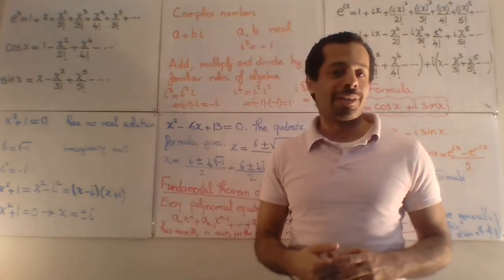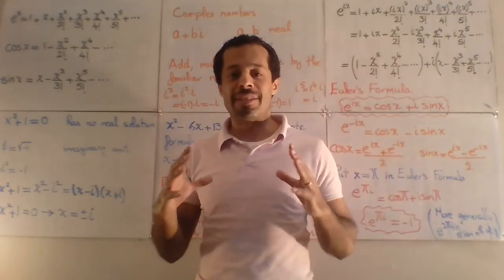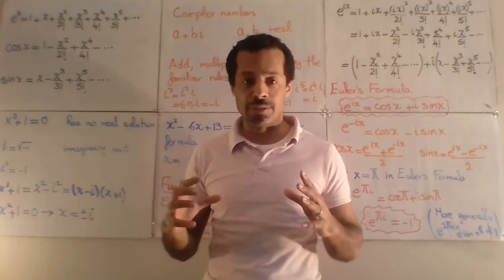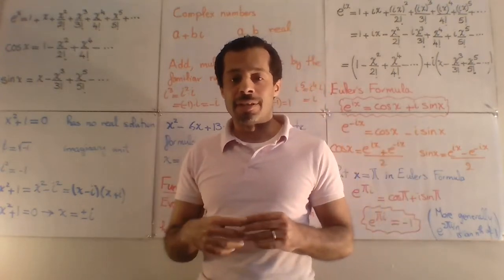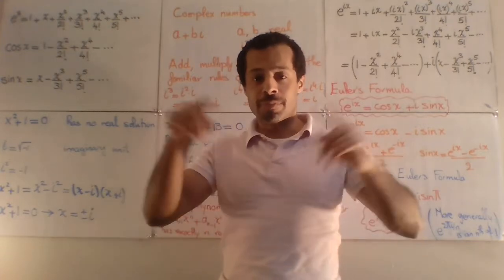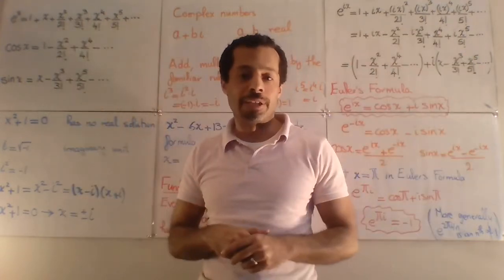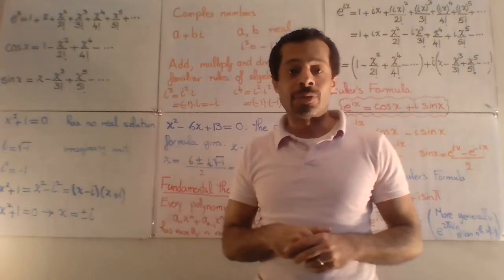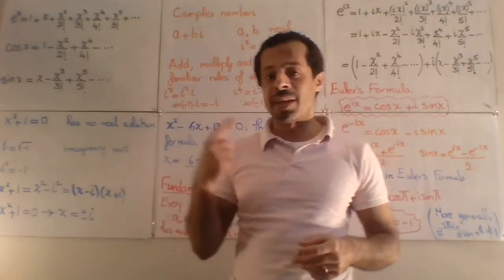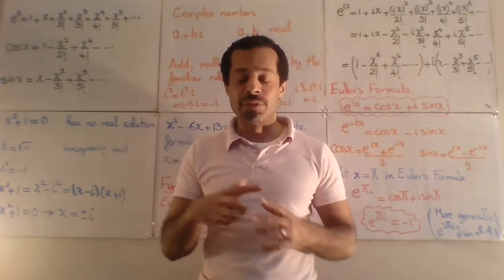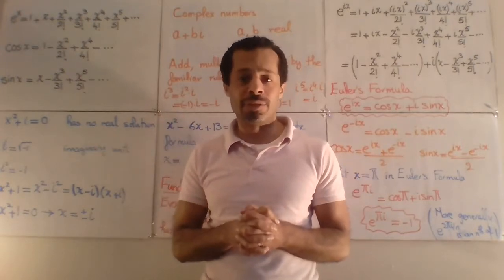It may sound strange when I say it now, but if you have a function of a complex variable, and this function is differentiable in a region R in the complex plane, then it has to be infinitely differentiable. If it has just the first derivative, it has to have derivatives of all orders.